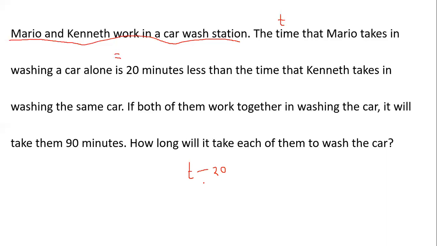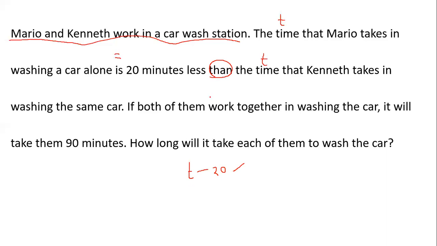Ayan. But if we say 20 minutes less the time, so ibig sabihin, mawawala po yung than. I will repeat. Ang ibig sabihin po ng t minus 20 is 20 minutes less than the time. Okay?